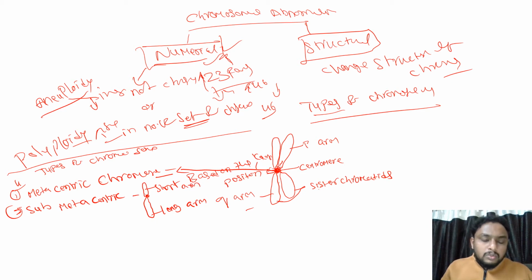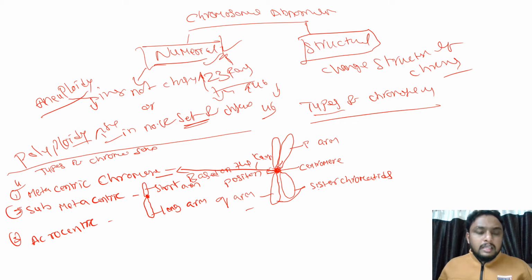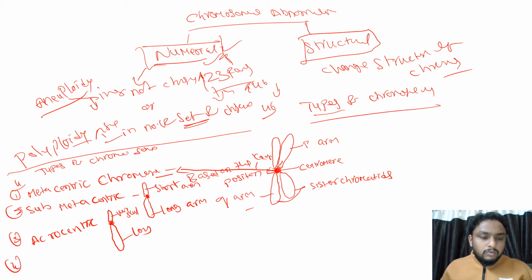The upper arm is short, the lower arm is long. That is called submetacentric. Next one is acrocentric. Here, the upper arm is very short and the lower arm is very long. So this is acrocentric. And the fourth one, telocentric.